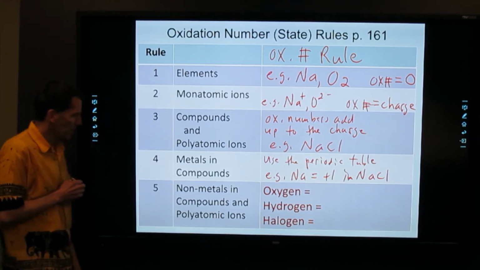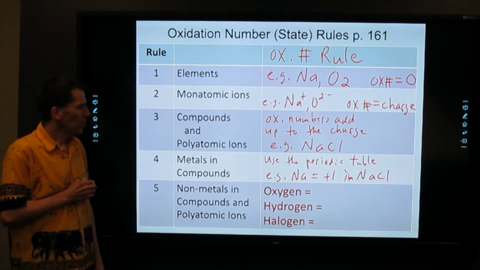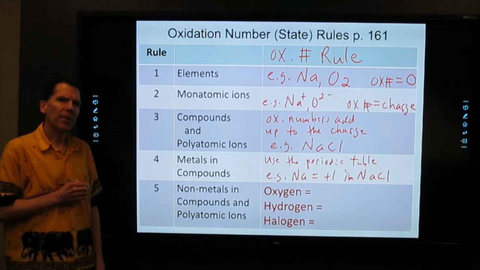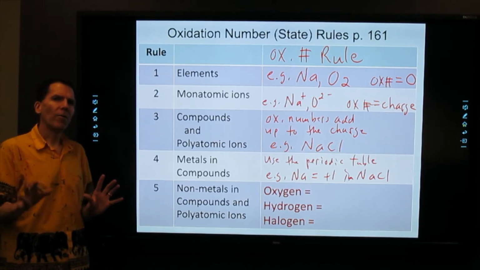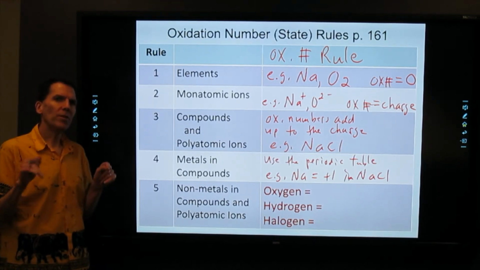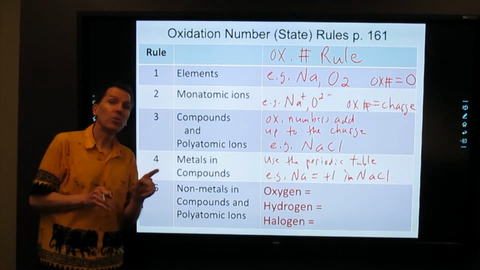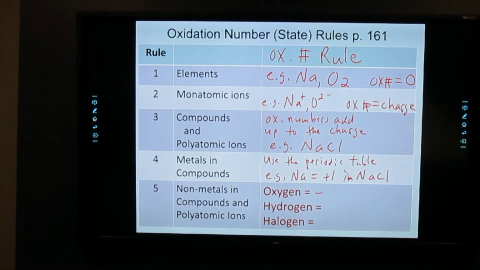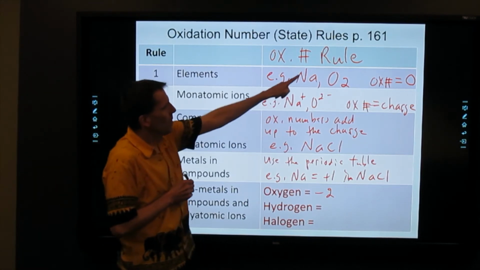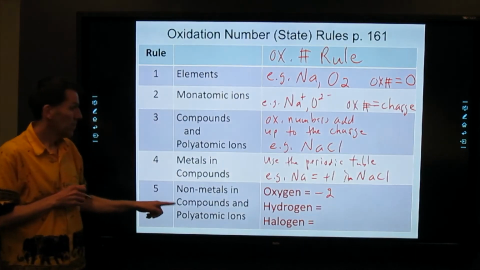When we have nonmetals in compounds and polyatomic ions, we're going to let the rules on oxygen and hydrogen dominate. And I'm going to give you sort of a simplified rule. There are exceptions, but for anything we deal with in chapter 18, oxygen will be a -2 when it's in a compound. If you have the neutral element, it's a 0, but when it's in a compound, it's a -2.